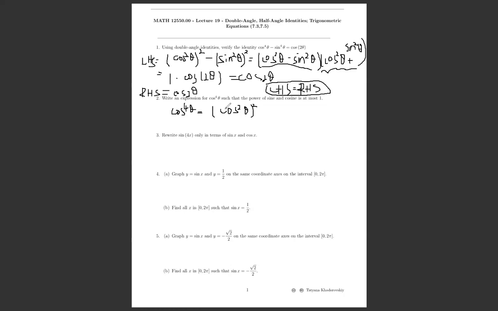And we have the power reducing formula for the cosine. This is basically cosine of 2 theta plus 1 divided by 2, and then squared.